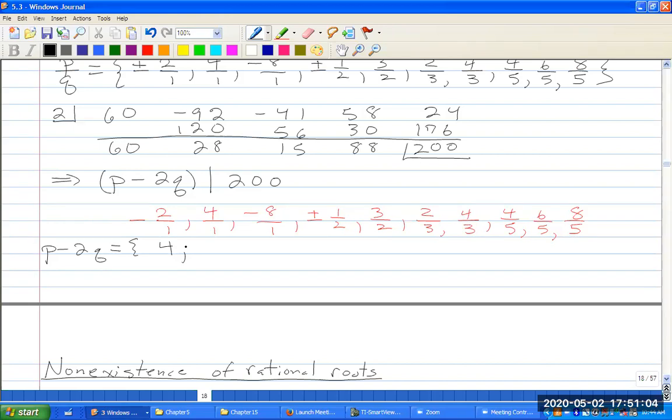So I can put the minus at the bottom. So it's 2 minus 2 times negative 1. 4 minus 2. 8 plus 2.